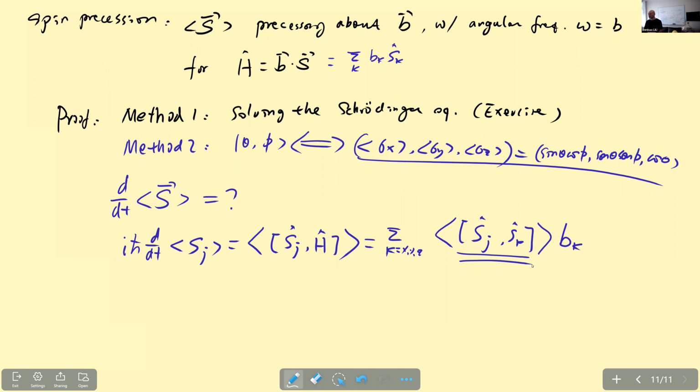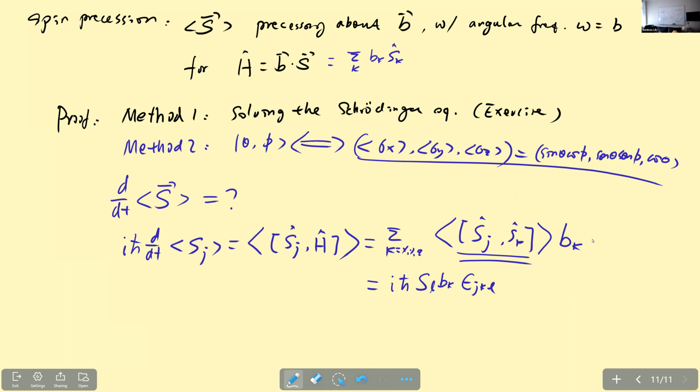That's nothing but just the cross product. So we can write down this as i h bar s_l times bk epsilon jkl. What is epsilon jkl?